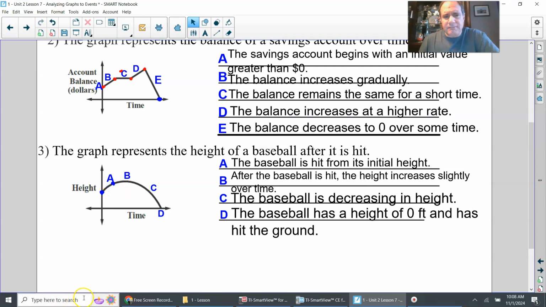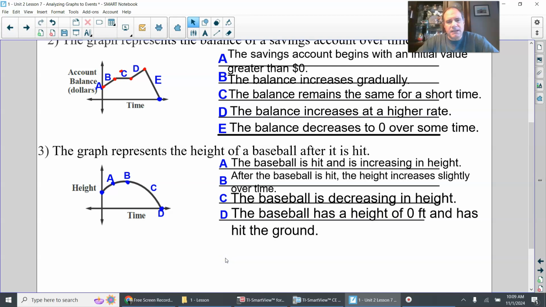And after the baseball's hit, like I said, the B, it increases gradually from the initial height, and then this one right here is initially it's going up, and then C, baseball's decreasing in height a little bit, and then it just hits 0, which is right there.